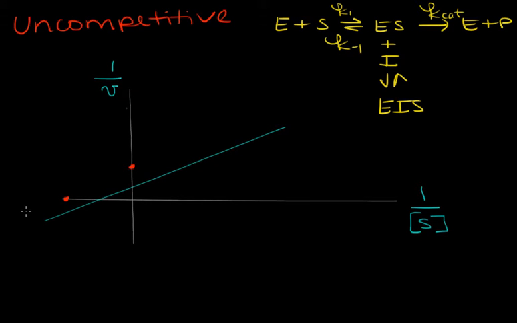I'm doing my best to make this look parallel. Okay. So when we add the inhibitor, we see the line shift up, and we see changes to the K-cat and to the Km, or sorry, to the Vmax and to the Km. So this one's very easy to identify on a Lineweaver-Burke plot, parallel lines.